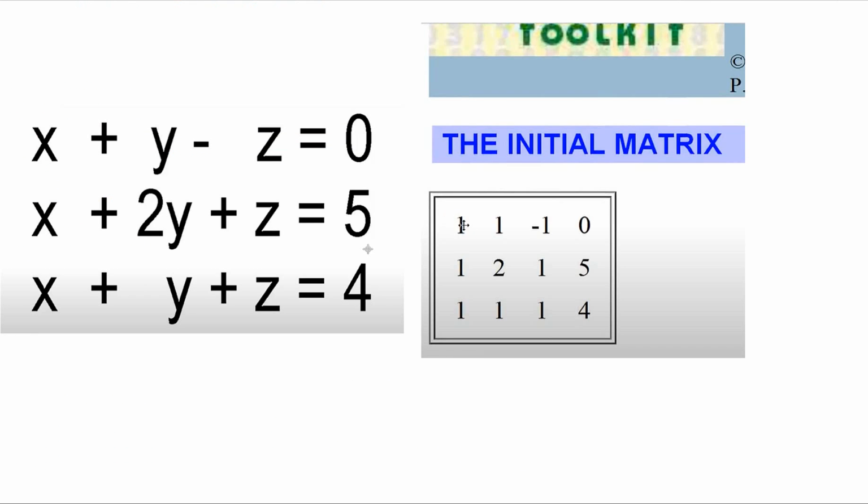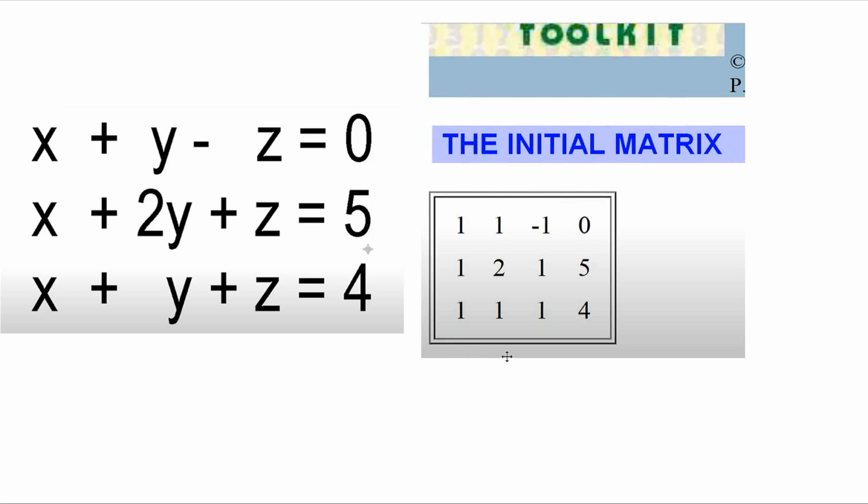Since we are going to enter this matrix, the augmented matrix of the system, it is called augmented because it has the matrix of the coefficients of the system to the left, augmented by the parameters to the right.